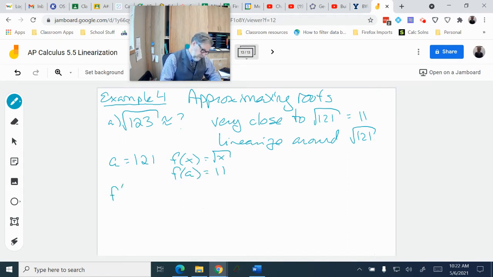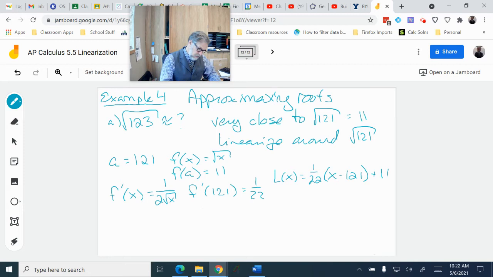And the derivative of my function, of course, is 1 over 2 root x, which means that the derivative at a is 1/22nd, and my linearization is 1/22nd (x minus 121) plus 11.